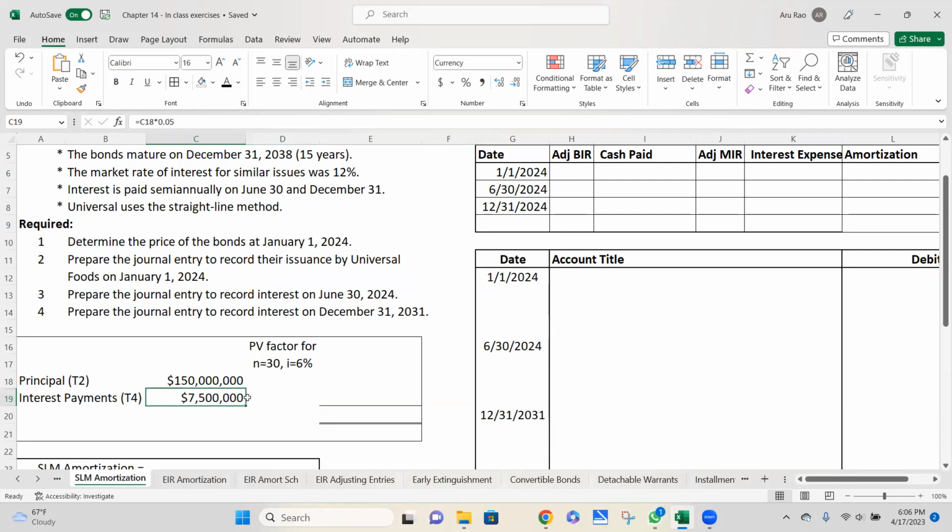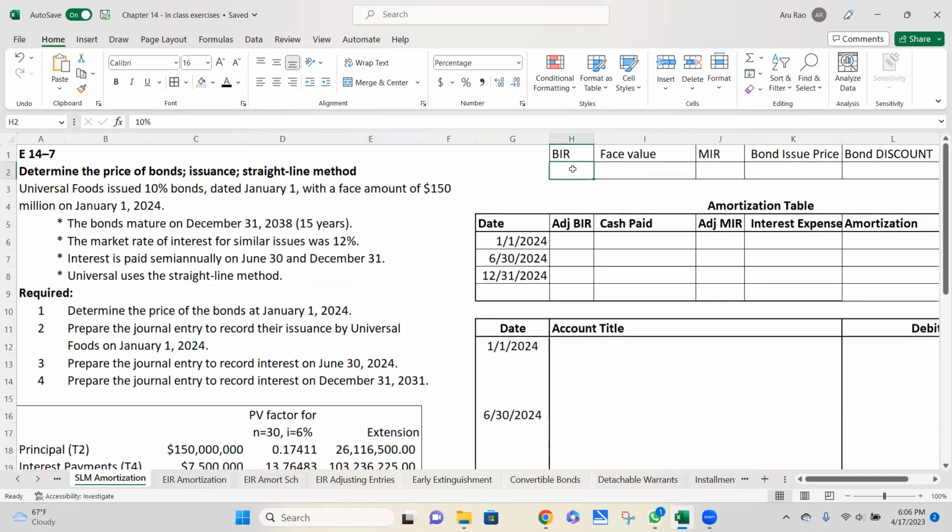I need to calculate the present value of these cash outflows. Look up table 2 and table 4 for the relevant time value of money factors, and then calculate the extension. Add up the two numbers, and you should get a number that is below the $150 million. We anticipated that we're going to issue it at a discount, and this is the number. That's the bond issue price.